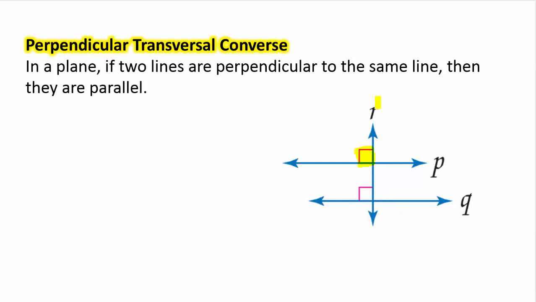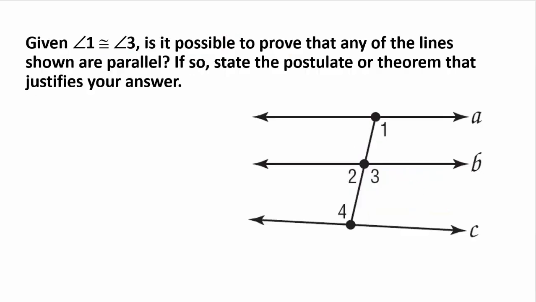Line Q is perpendicular to line R, again, because of the 90-degree angle. If you look, these two angles are corresponding angles to each other, and they're congruent because they're both 90 degrees. Then we can say that those two lines are going to be parallel.